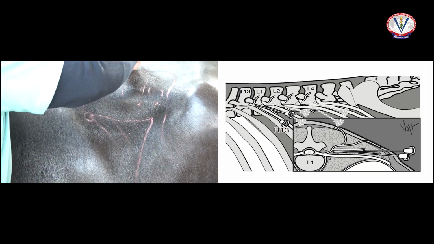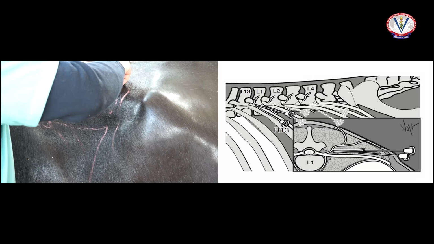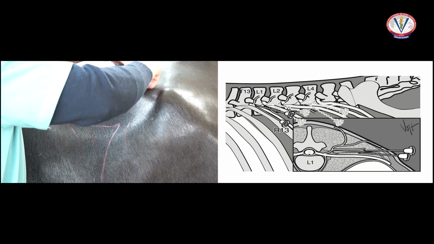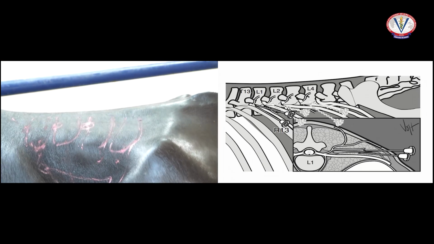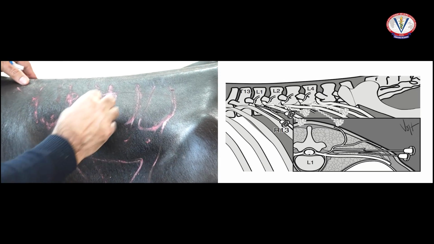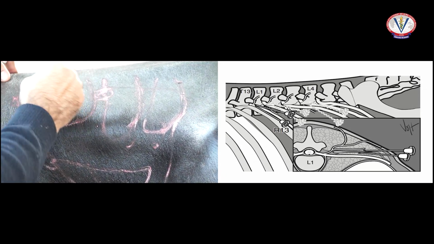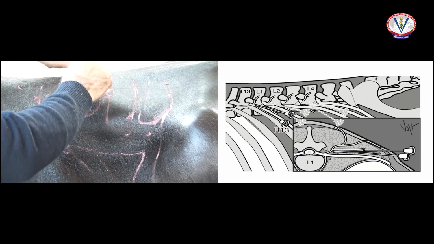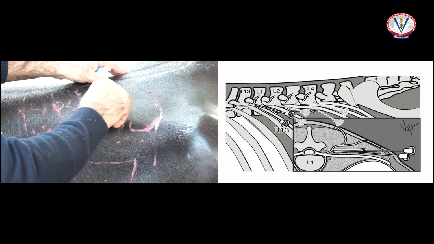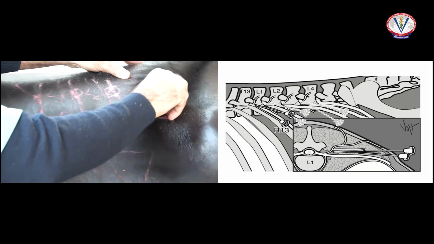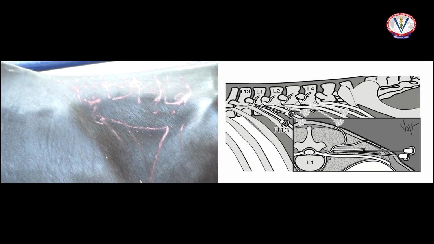The needle is inserted ventral to the tips of the respective transverse processes of the lumbar vertebrae. Then the needle is completely withdrawn and reinserted dorsal to the transverse process of the lumbar vertebrae, where the cutaneous branches of the dorsal rami are injected.